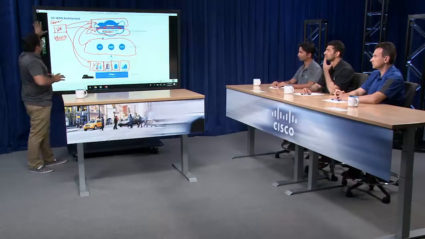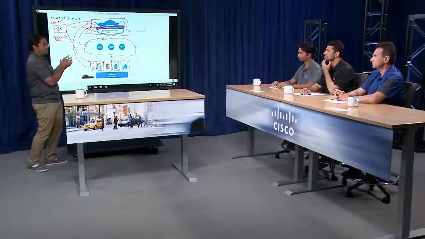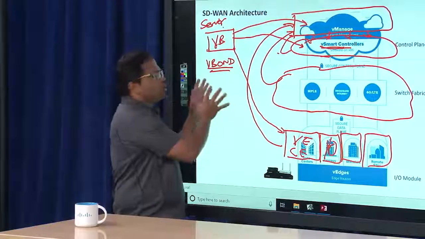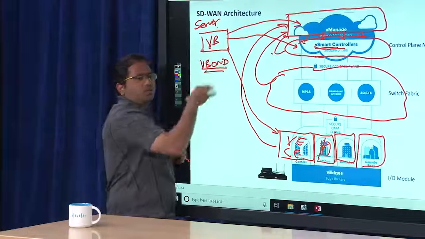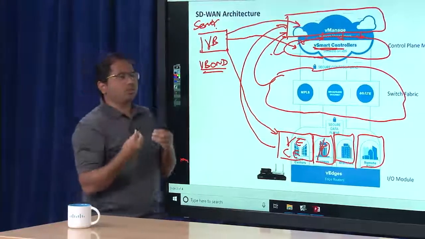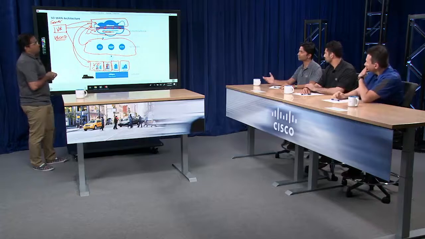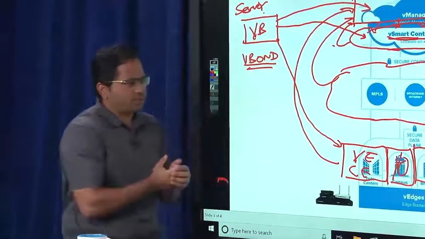So if there's ever a doubt on what the vBond is, just treat it like any server, a call home server, a call home device to which everyone comes towards to get a view of who they should be going to. So Vinay, would it be safe to say that device is for network discovery, similar to before where physically we knew everything was? Yes. Now we need to discover where everything is. Exactly. So the vBond is used for discovery.